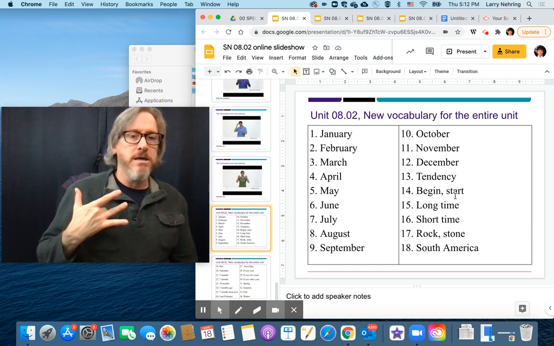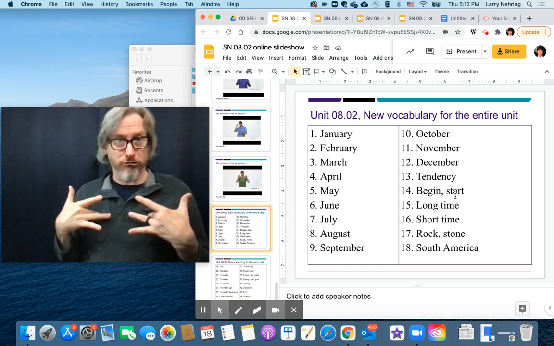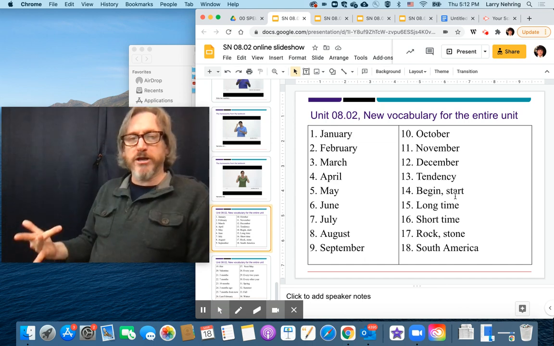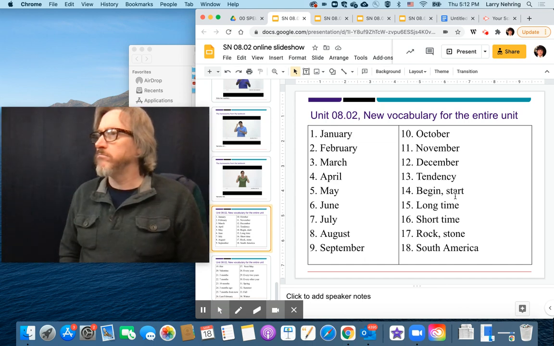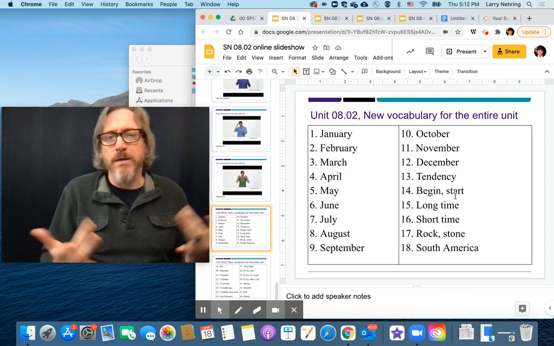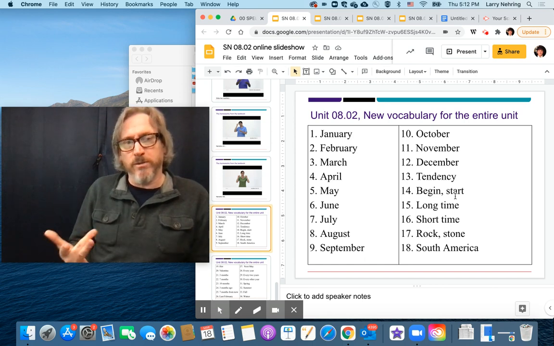Tendency. You touch your heart or you touch your pectorals, and it just comes off. If you've seen what's up and how are you question, it's similar to that. It just, rather than going up, it comes forward.